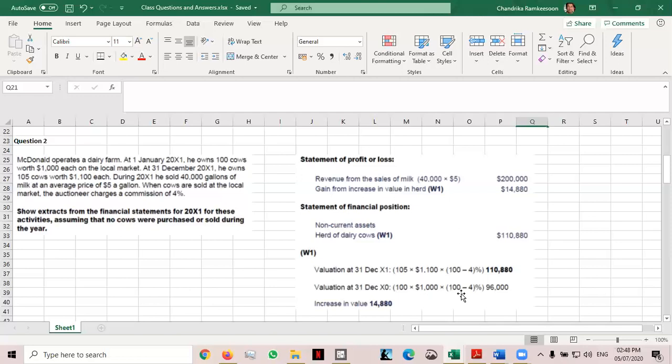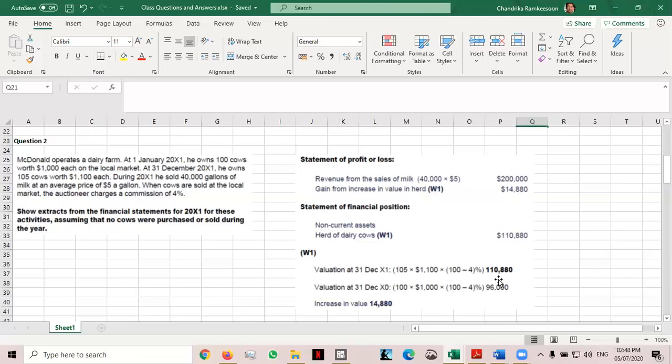A similar approach for 31st December X1. 105 cows at $1,100 each at 96%, 110,880. And this is the value here. The increase, gain in the value of the herd, 14,880, which is the difference between these two.